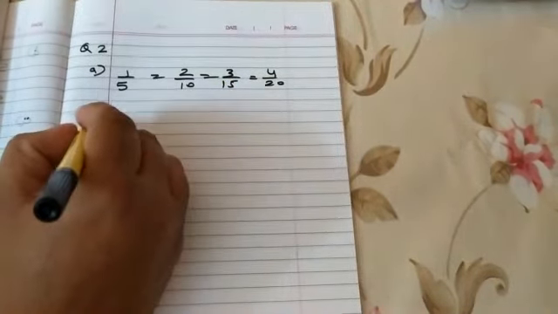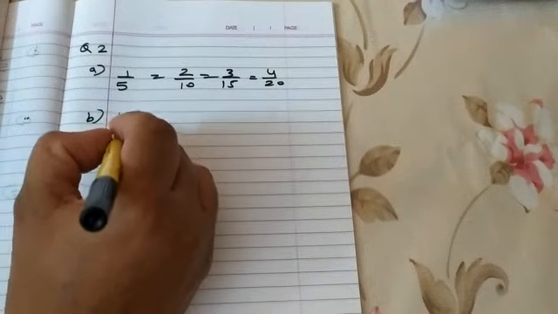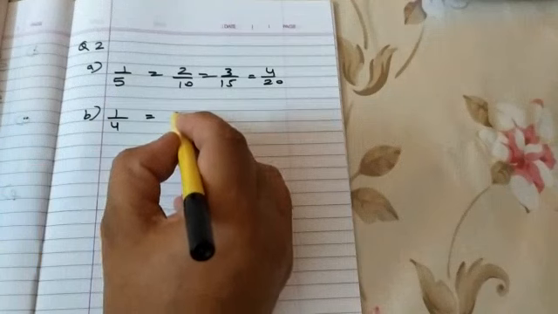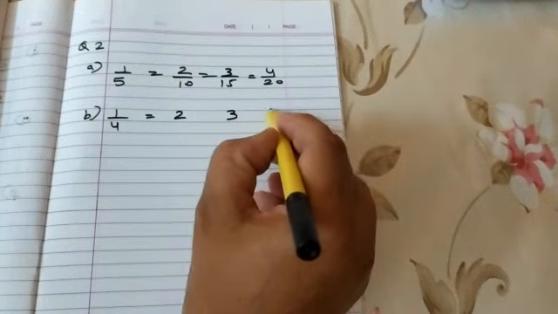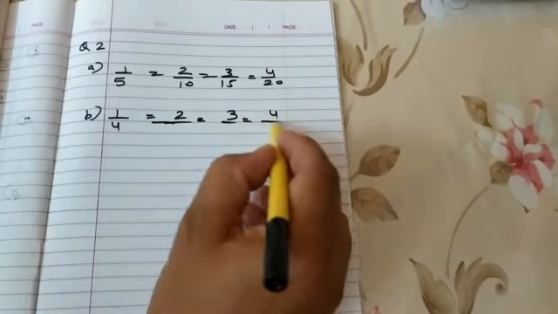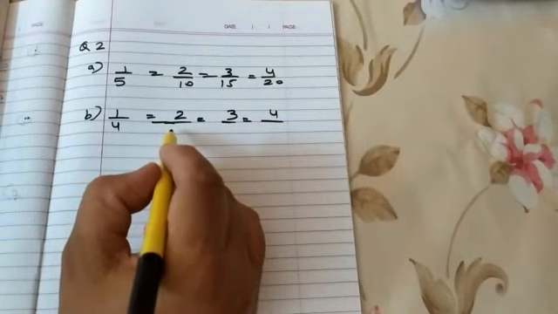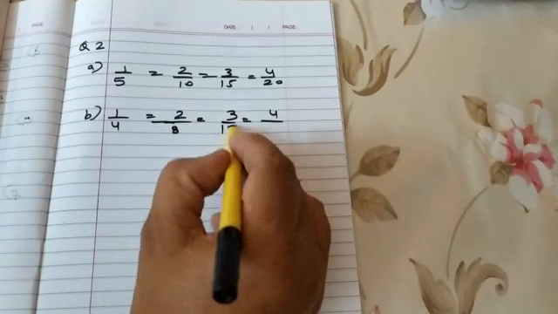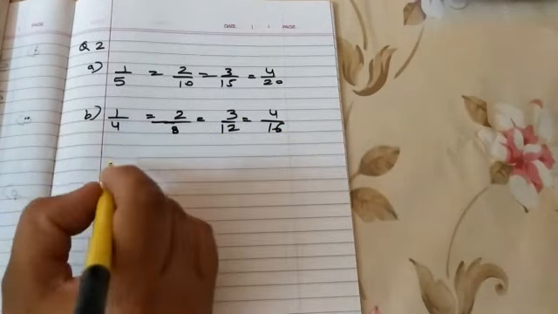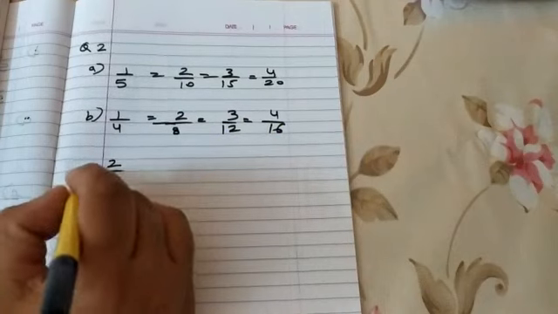So to make it easier or do it directly, see how easy it is. Multiples of 1 are 2, 3, 4. Okay. Multiples of 4. 4 1s are 4, 4 2s are 8, 4 3s are 12, 4 4s are 16. Now, next is 2 upon 3.